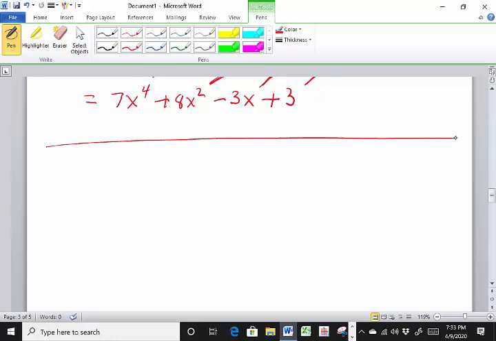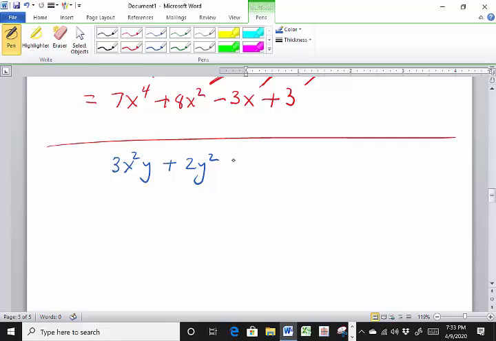Let's do one with a multivariable, and then we'll get into subtracting. So let's say we have 3x squared y plus 2y squared added to, let's say we have negative 10x squared y plus 2y minus 4y squared.